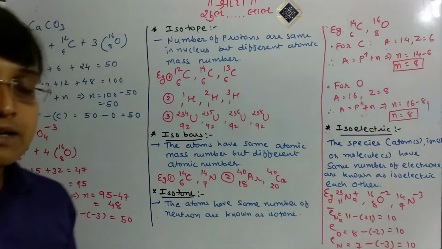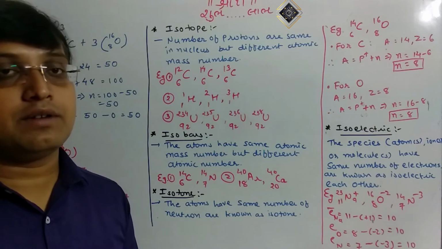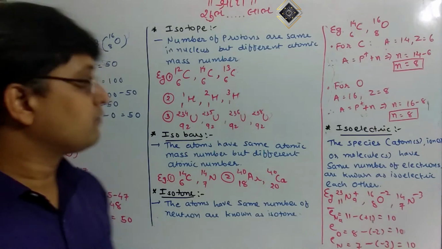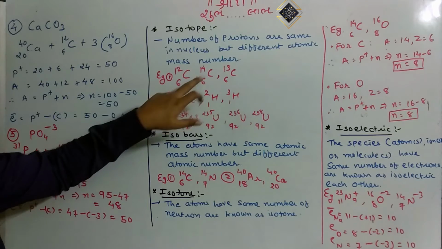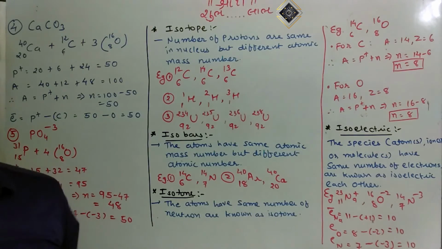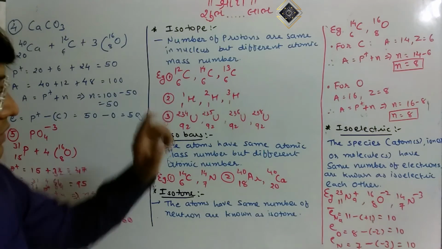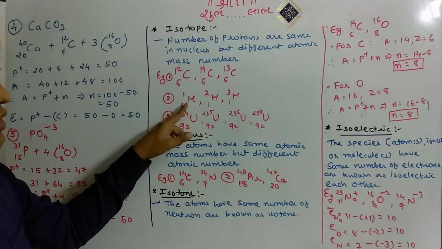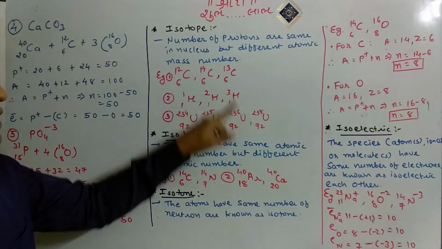Isotopes are atoms which have the same number of protons in the nucleus but a different atomic mass number. The examples I am writing down here: 6 carbon 12, 6 carbon 13, 6 carbon 14, they all have the same atomic number, that means the number of protons is the same but the atomic mass number is different. 1H1 hydrogen is known as protium, 1H2 deuterium, 1H3 tritium.